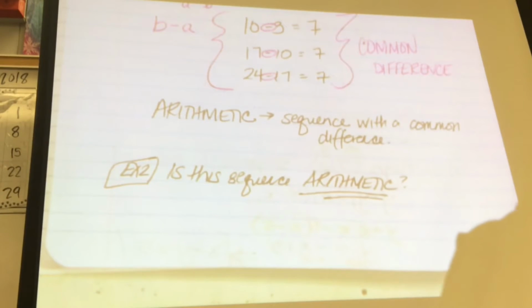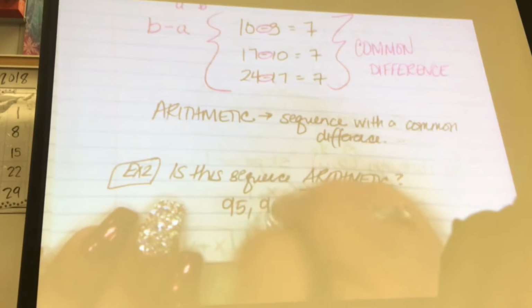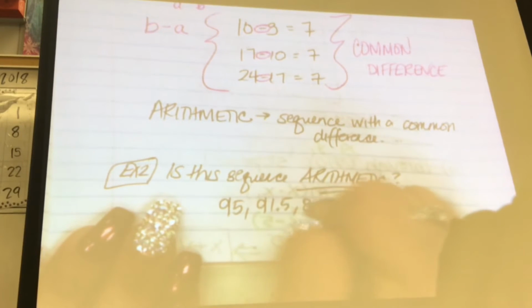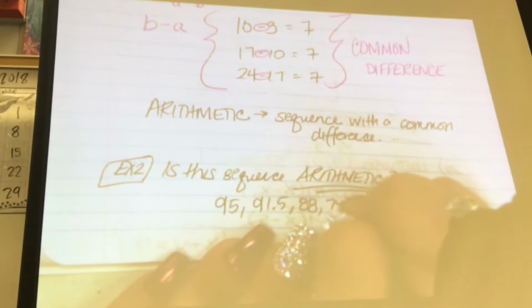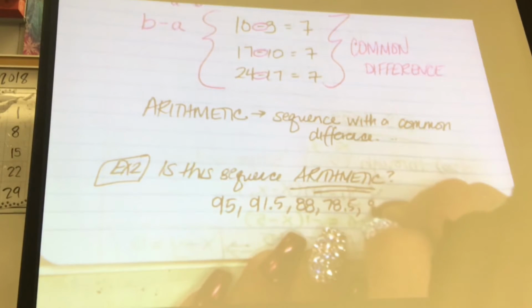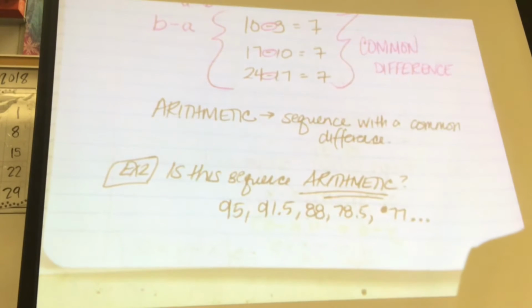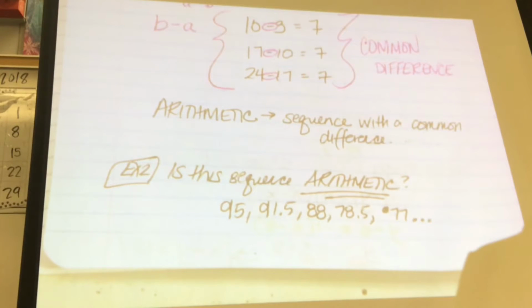Alright, so let's say I give you this right here: 95, 91.5, 88, 78.5, and, sorry, 77. And I'm asking you, is there a common difference?